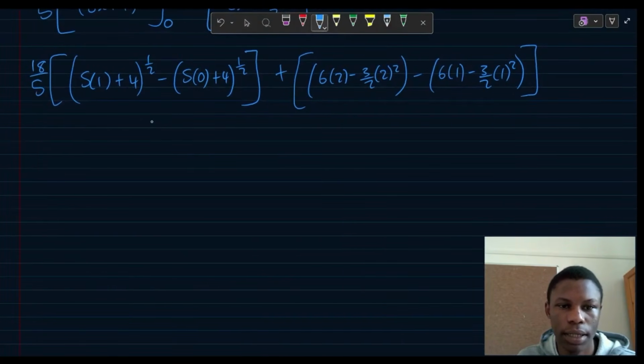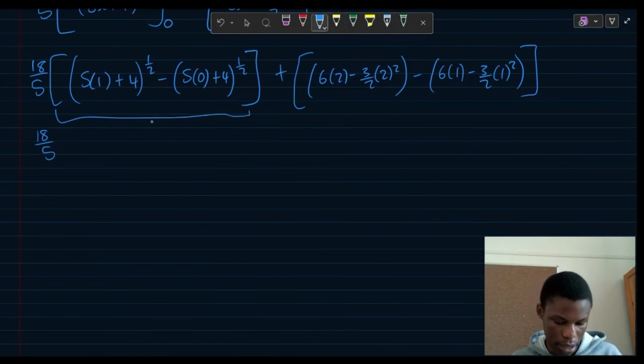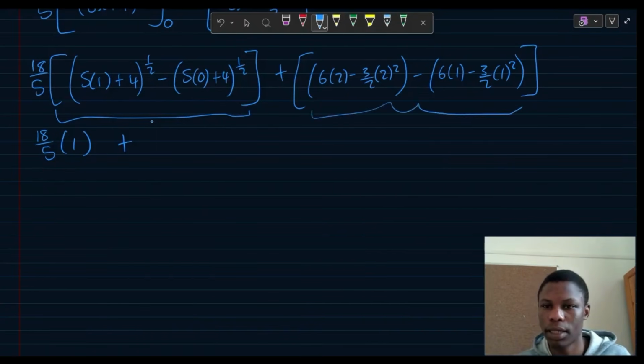All right, so let's simplify. This is 18 over 5. Let's punch this into the calculator. That's 5 times 1 plus 4 to the half, which is just 3, minus root 4, so 3 minus 2, so that's just 1 then, plus, let's punch this whole bracket into the calculator.